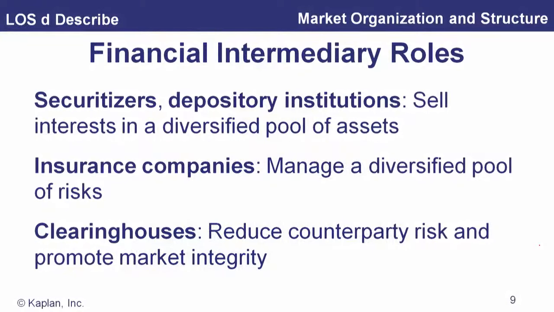Clearinghouses reduce counterparty risk and promote market integrity. Clearinghouses can stand behind both sides of a trade, and we see this in the options market, we see this in the futures market. So if I enter into a futures contract that says, okay, you're going to sell me gold 90 days from now at $1,226 an ounce or whatever it might be, I don't have to worry.